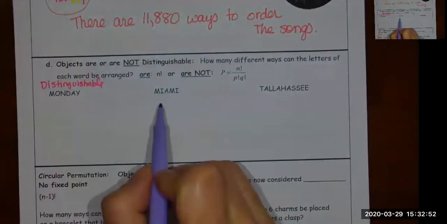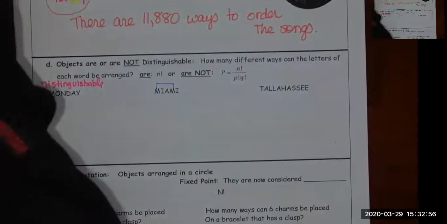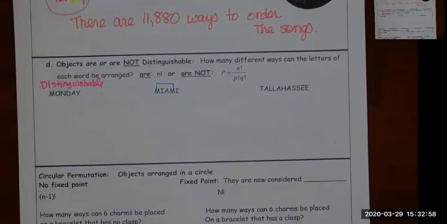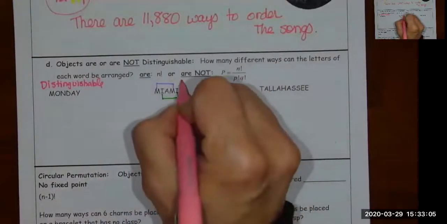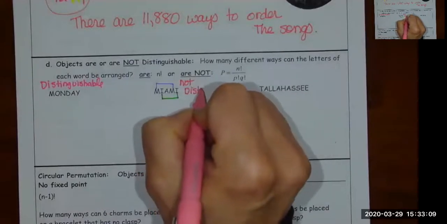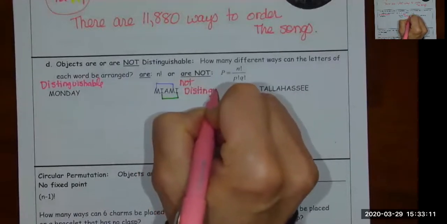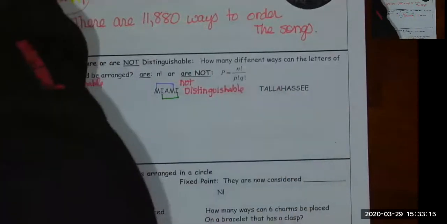These are not distinguishable because we can't tell the difference between that M and that M, and we can't tell the difference between that I and that I, so these are not distinguishable.